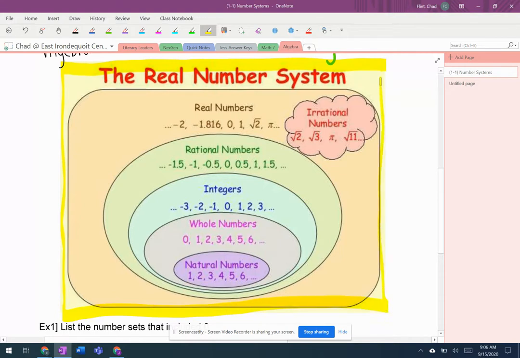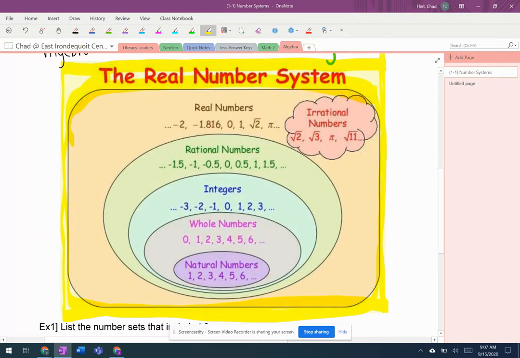Every one of these number systems we see in here is considered a real number. So the rational numbers are real numbers, the integers are real numbers, the whole numbers are real numbers, the natural numbers are real numbers, and so are the irrational ones, because they're all within that big yellow box or that big box.